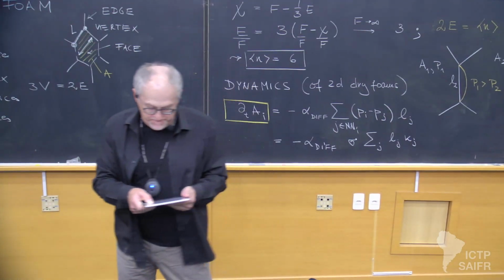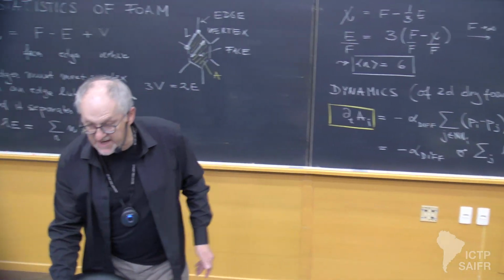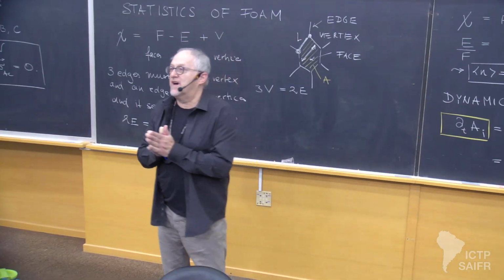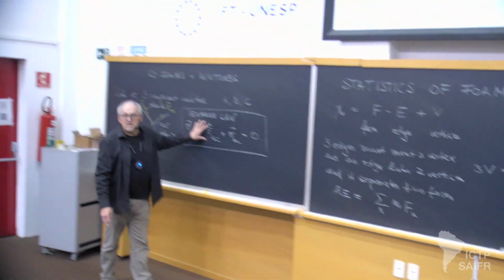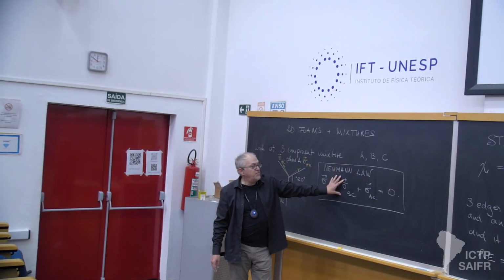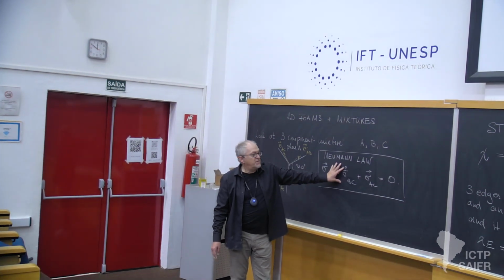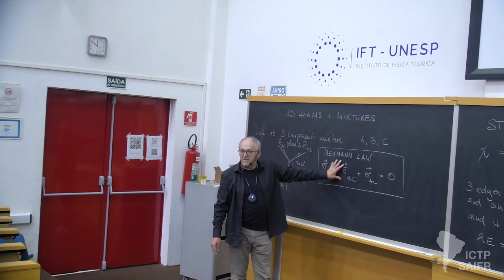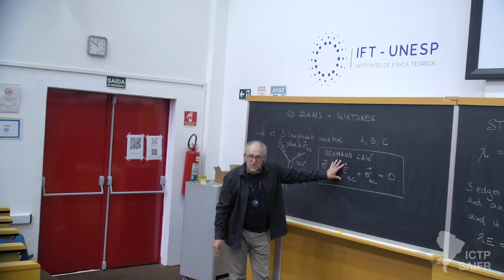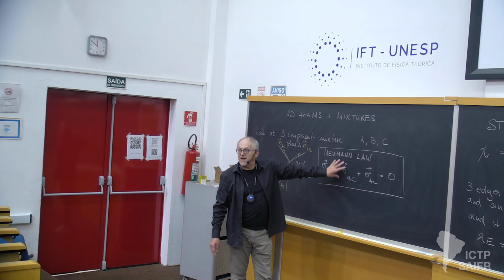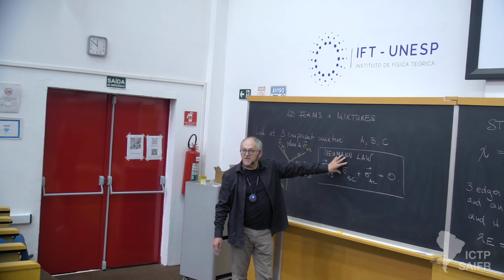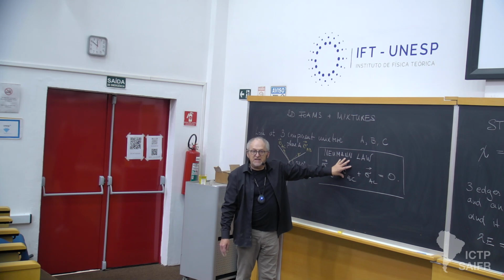So this is kind of the 101 for dry foams, and you'll see we have laws. We have a Neumann law, which you can either read as something coming from a mechanical equilibrium, or also a consequence of thermodynamic equilibrium. So this is a free energy minimum that gives rise to this. So it's in an essential way linked to thermodynamics.